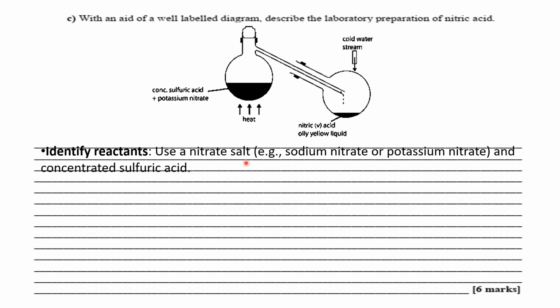So use a nitrate salt. For example, you can use potassium nitrate or sodium nitrate as a source of the nitrate part, and concentrated sulfuric acid.